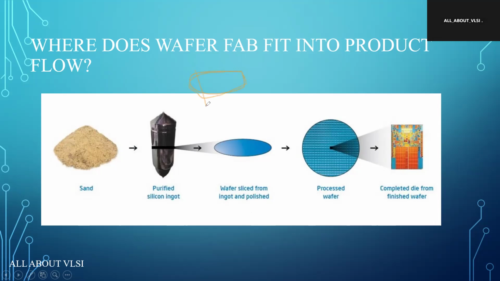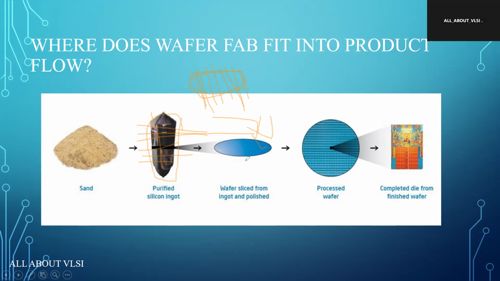That cylindrical ingot is cut into small circular pieces. This is the side view. If you want to see the top view, then it looks like this, right? We are cutting this silicon ingot like this. This is the side view, and top view is this one.